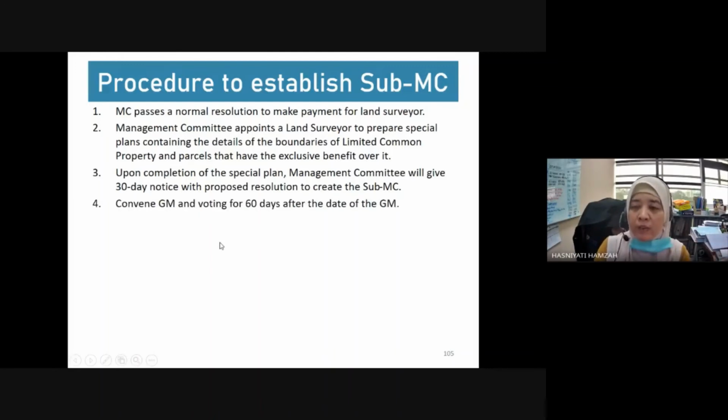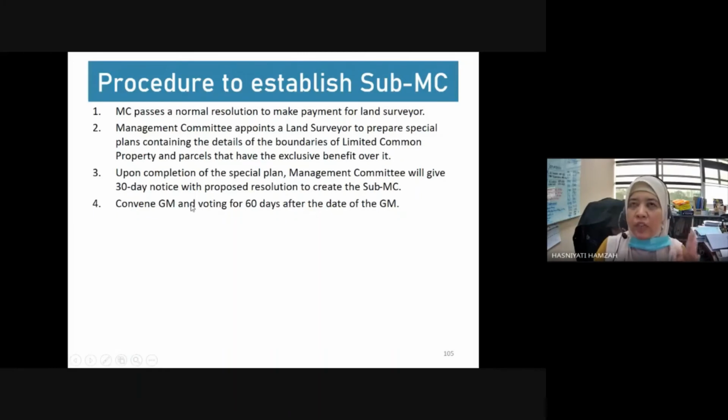And for owners to make arrangements to attend the meeting, the EGM. Then finally, after 30 days, convene the EGM here. Jalankan mesyuarat agung tu. And voting after the GM.